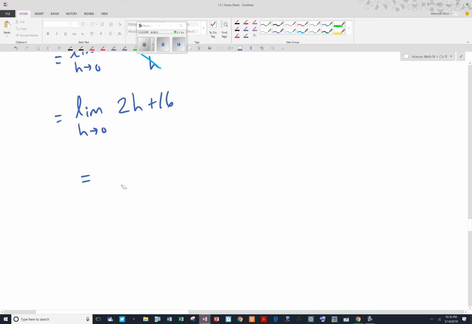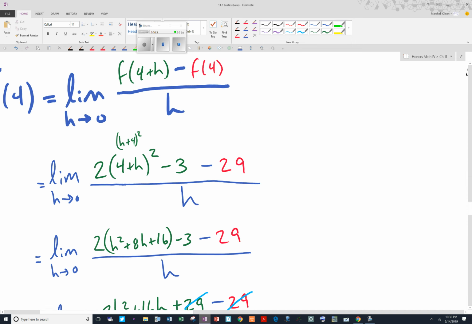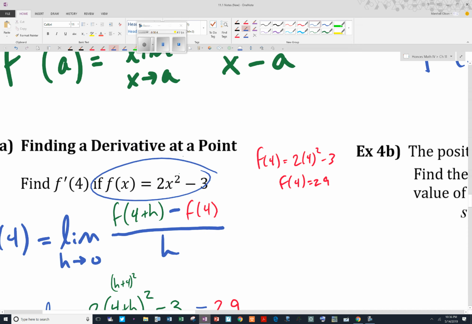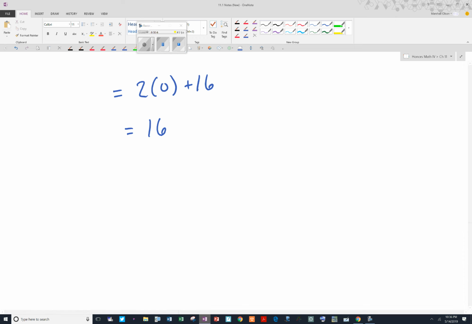If you want to show what happened there, we put the 0 in for h because we can; it's not going to put a 0 in the denominator anymore. So we get 16. I don't know if this was talking about position and time, so I'm not going to call this an instantaneous velocity. I just know that f prime of 4, the derivative of that function at 4, is 16.